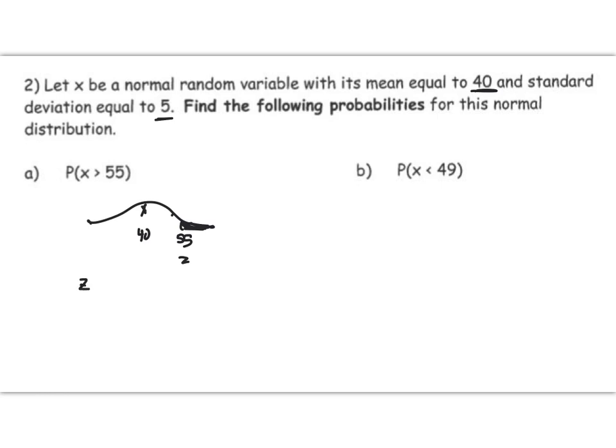So the standard score, or the z-score, is going to be 55 minus 40 divided by 5, which gives me a standard score of 3, or a z-score of 3. And looking that up in the table, that's 0.9987.